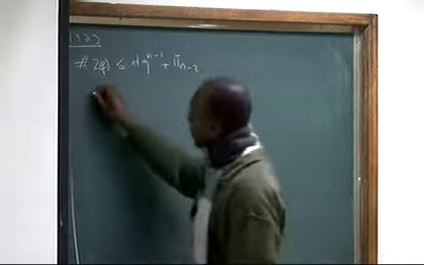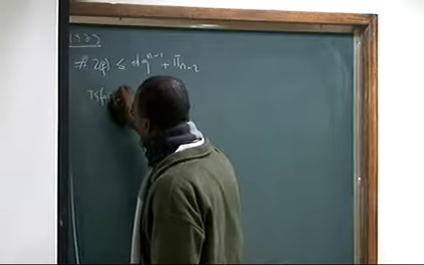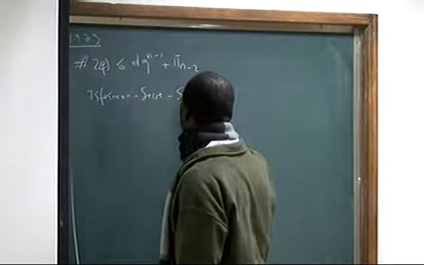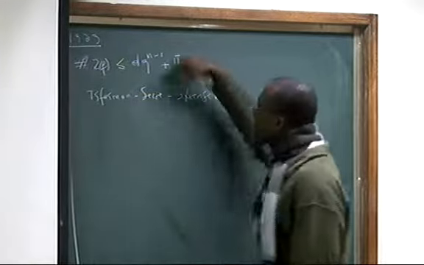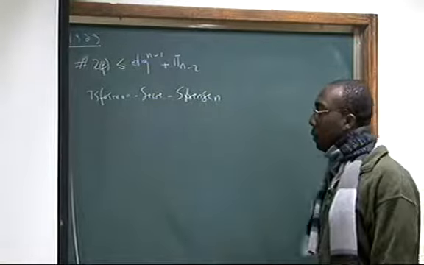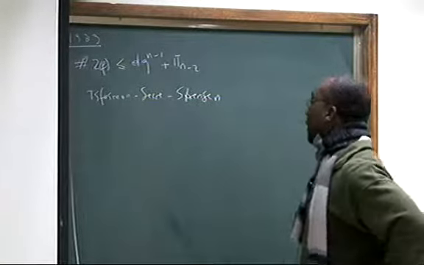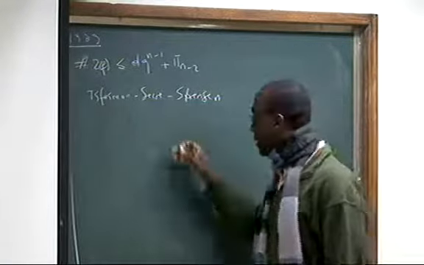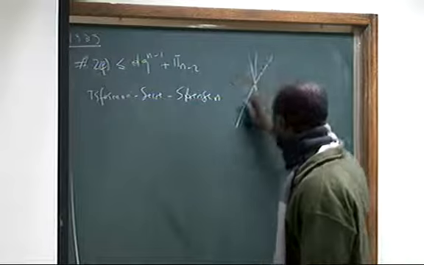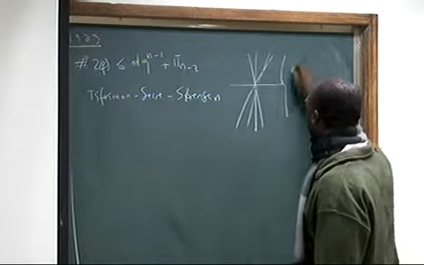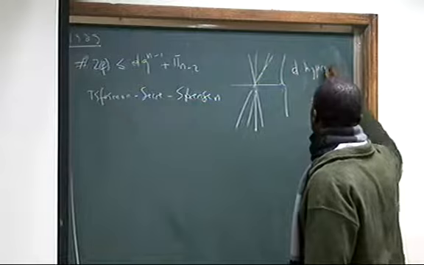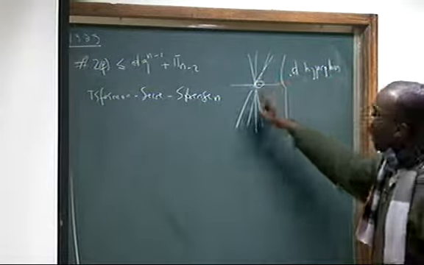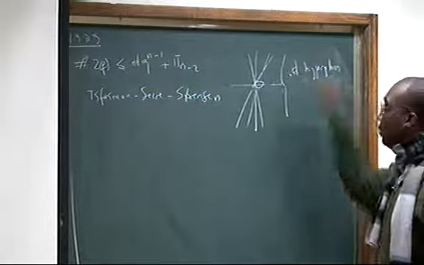This result was conjectured by Tsfasman and proved by Serre, Jean-Pierre Serre, and Sørensen. I will use this result several times in my talk. And this upper bound is reached when the hypersurface is in fact a union of d hyperplanes which meet in a subvariety of codimension 2.